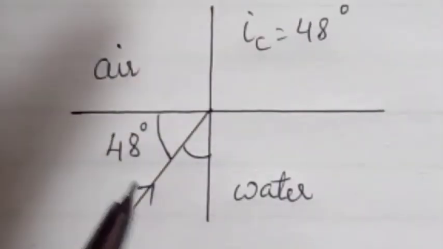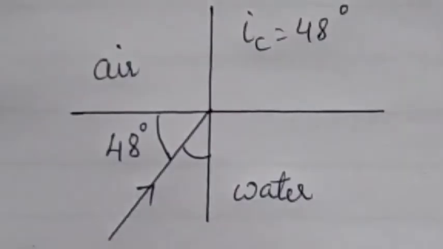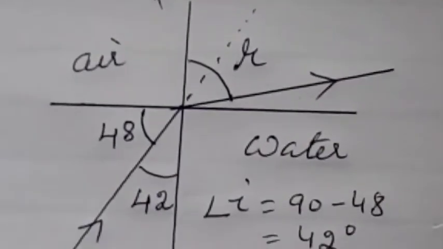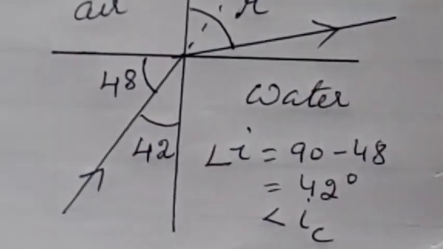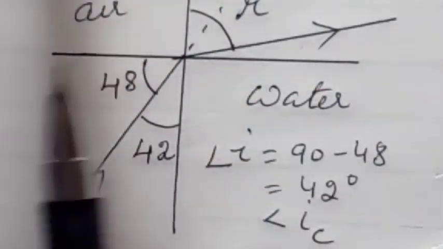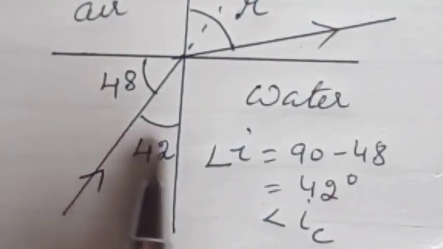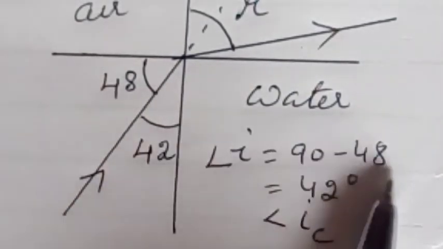In this case, first we have to calculate the angle of incidence, and let's see how it is done. There you are. So the whole angle with the normal is 90, so the angle of incidence is 90 minus 48, which is 42.